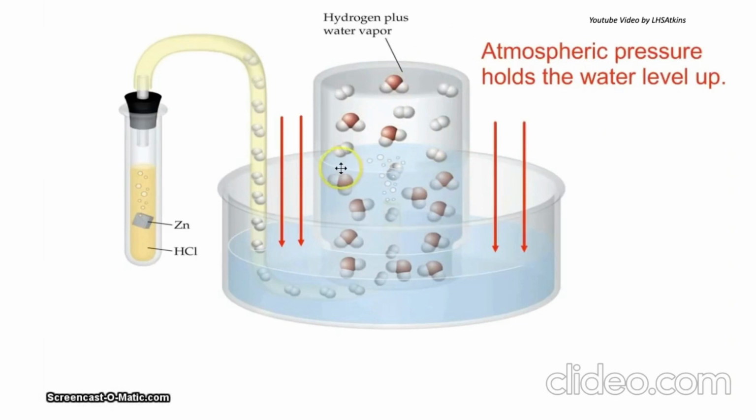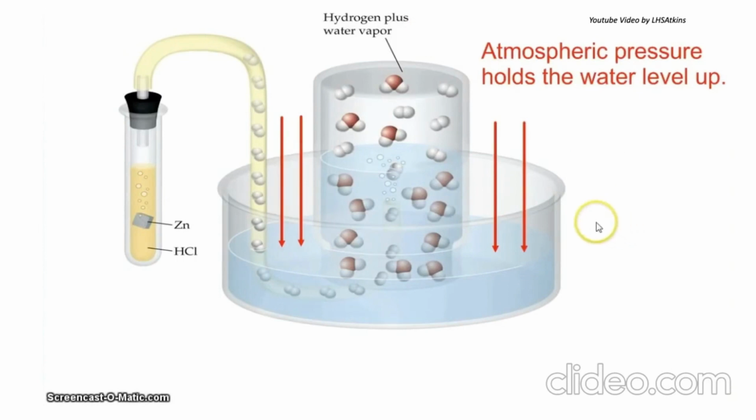At the surface of the water, water is evaporating, so there are now water molecules up in this chamber which are also pushing down on the water level. It's pushing a little bit harder than what just the hydrogen would push, and we need to account for this.